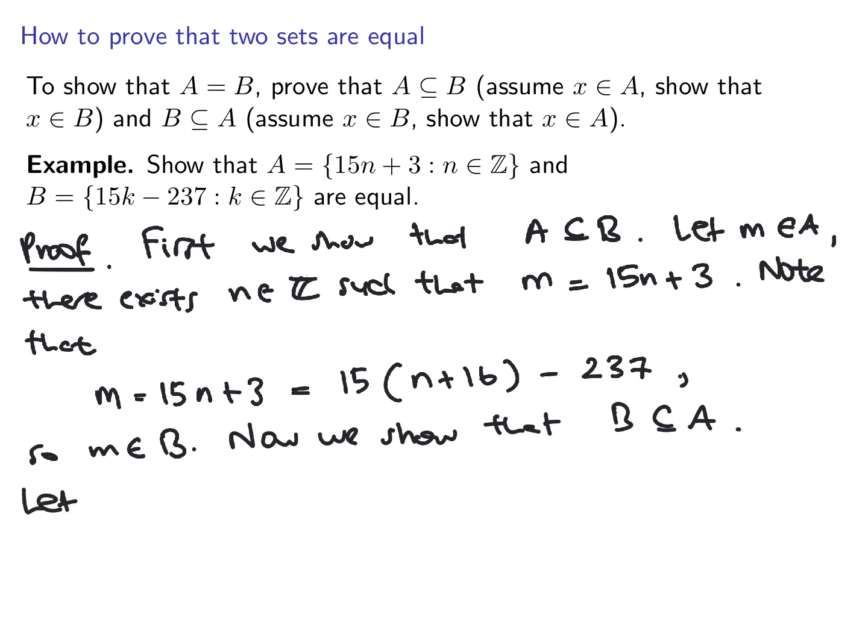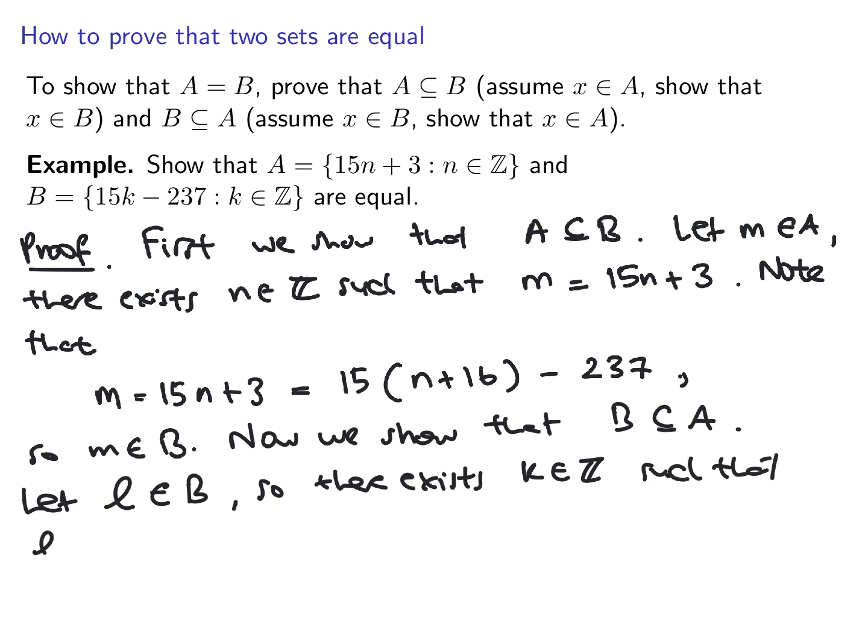Should we use m again, or we can choose another letter? What should we choose? Let's say l. l is in B, right? So there exists k in Z such that l can be written as 15 times k minus 237. Now we want to show that l is in A. Okay?